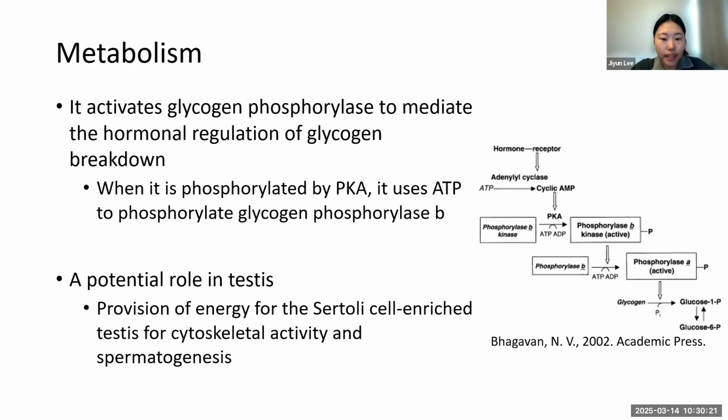In metabolism, the kinase phosphorylates glycogen phosphorylase B and activates it, facilitating the hormonal regulation by glucagon and epinephrine. When the kinase is phosphorylated by PKA on alpha and beta subunits, it utilizes ATP to phosphorylate glycogen phosphorylase B. This reaction maintains blood glucose homeostasis during fasting or exercising.